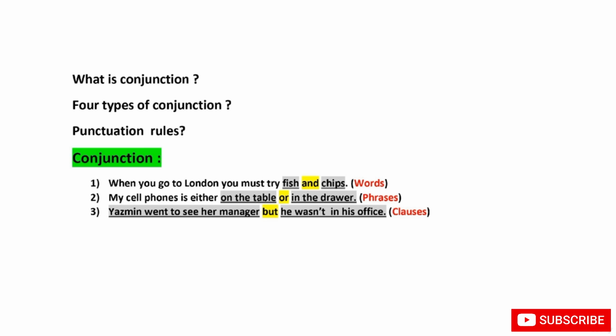Clauses are just like sentences. Yasmin went to see her manager is the first clause, and the second clause is he wasn't in his office. So you see here that conjunctions can connect any 2 parts of a sentence. All right, so now let's talk about the different types of conjunctions in English.